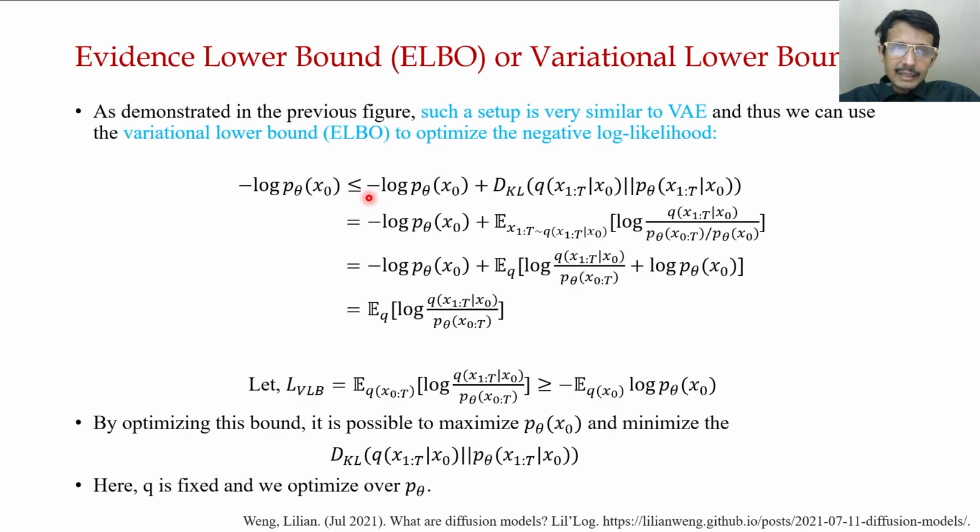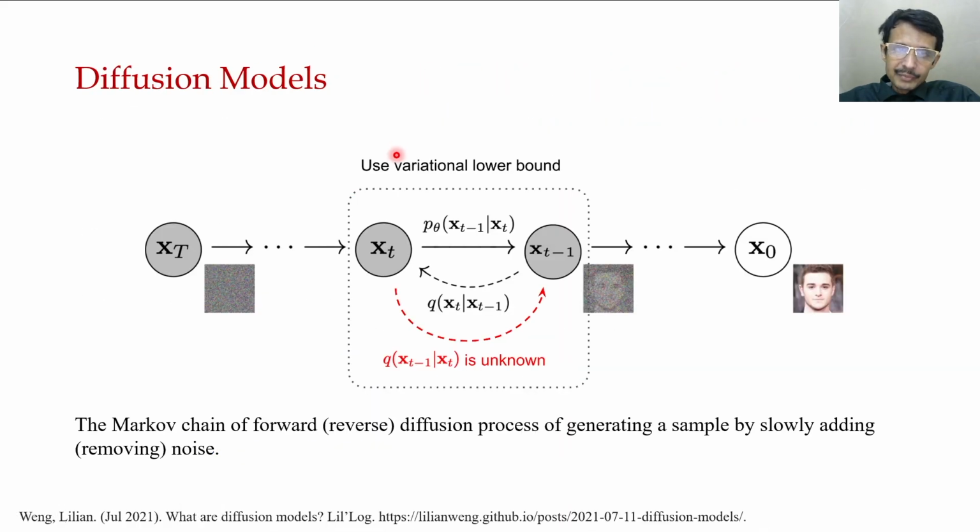That is basically the evidence lower bound, or ELBO: the negative log of p theta x is less than or equal to minus log of p theta x0 plus the KL divergence between q and p theta. Now you can see that this is very important. It is x0, that is what we have to understand here. Here q(xt given x0) is known, but p theta is not.